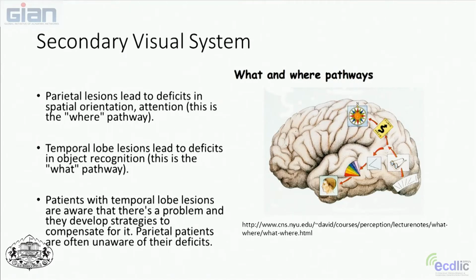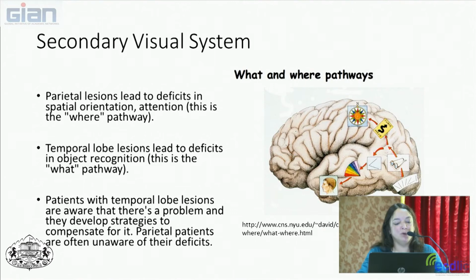The what pathway is thought to go to the temporal lobe, which is down here, these two lobes on the sides of your brain. And this is thought to help you distinguish what something is, and not necessarily where. So where and what. Patients with temporal lobe lesions are aware that there's a problem, and they can develop strategies to compensate for it.